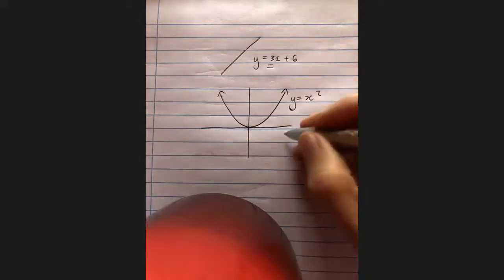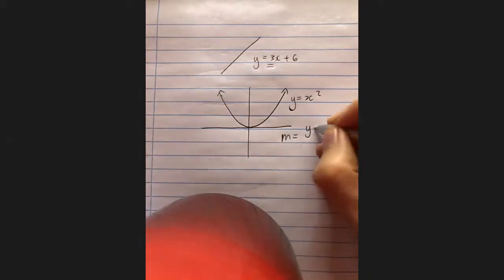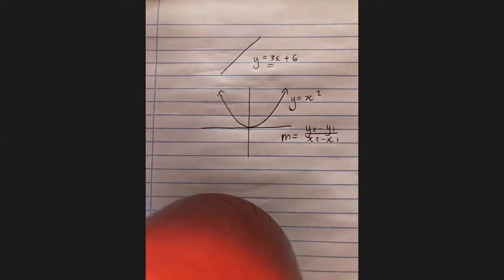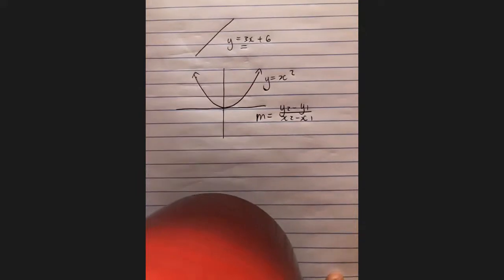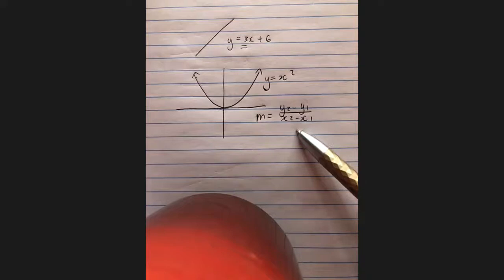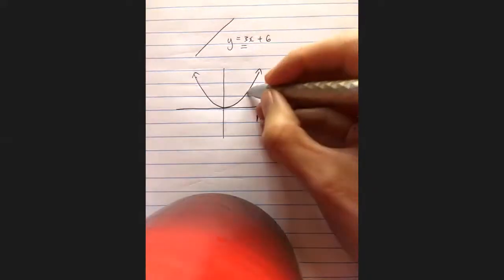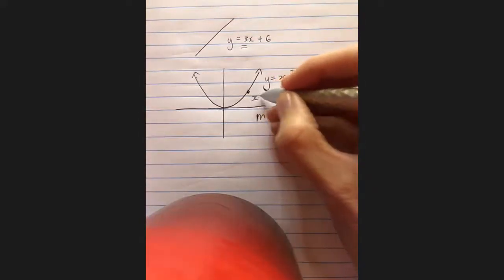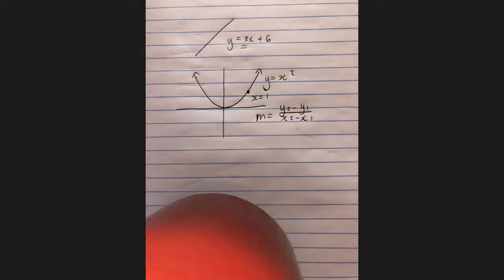So I just want to explain to you the two formulas. This is average gradient. And instantaneous gradient is going to be a process that starts with this formula. So for instance, if I tell you where my x equals 1, what's my gradient?